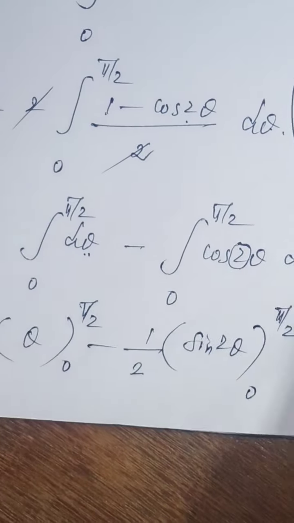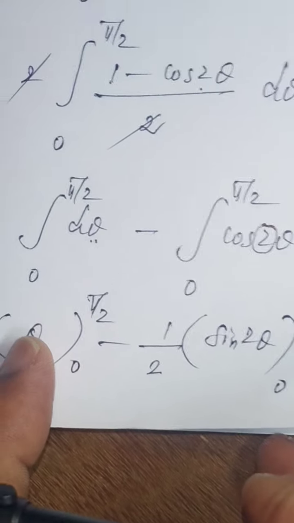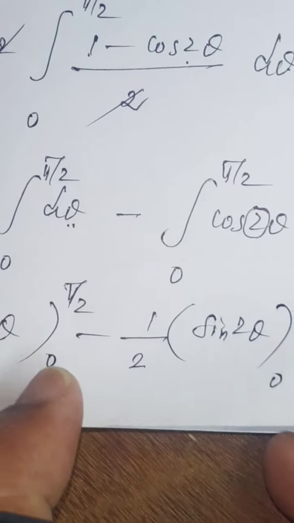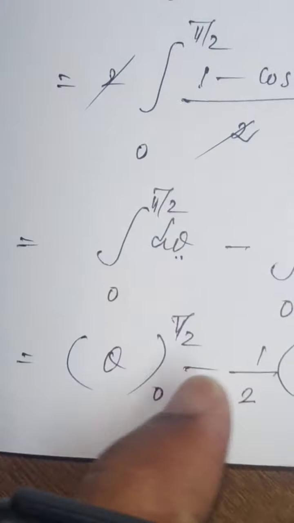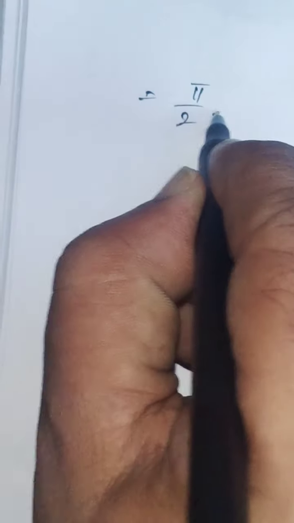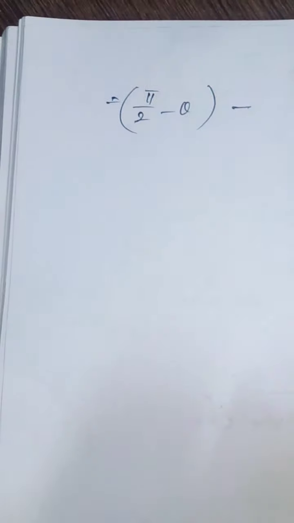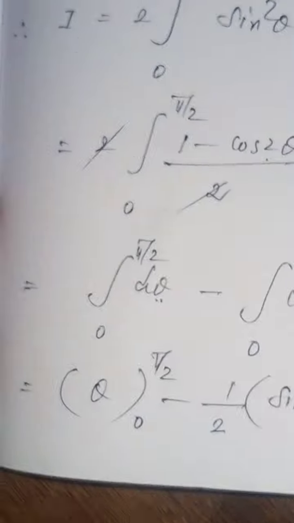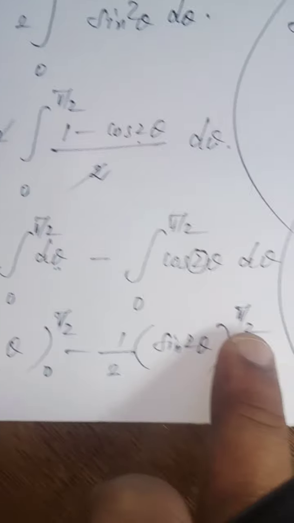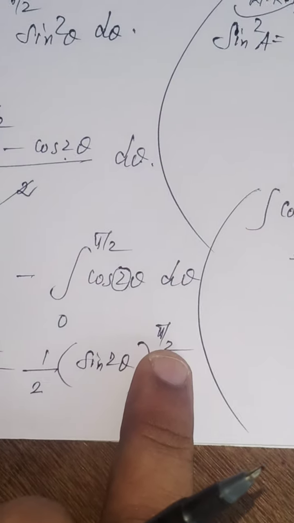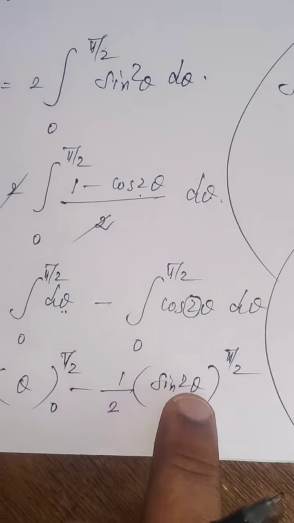Now, we have to apply the limits. First upper limit, then lower limit. Replace theta by pi by 2. So, pi by 2 minus lower limit 0. So, pi by 2 minus 0. Minus 1 by 2 right as it is. Here you have to apply the upper limit, then lower limit. What is the upper limit? Pi by 2. So, sine 2 into pi by 2.